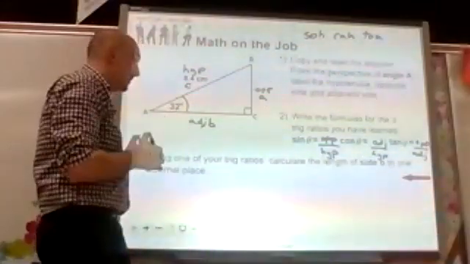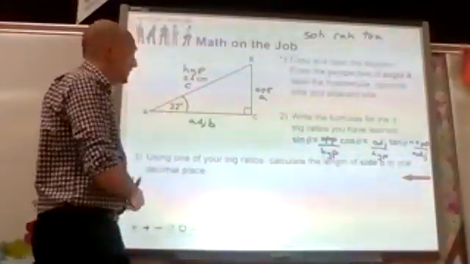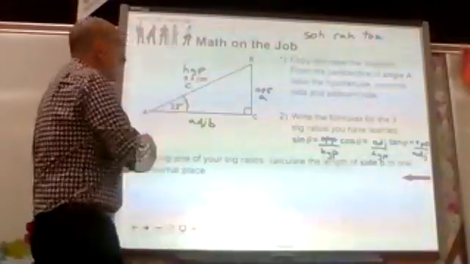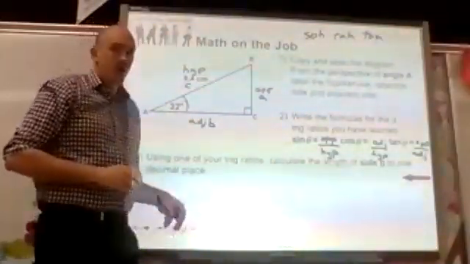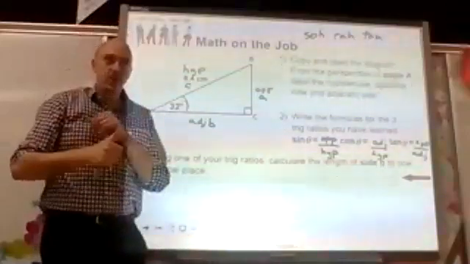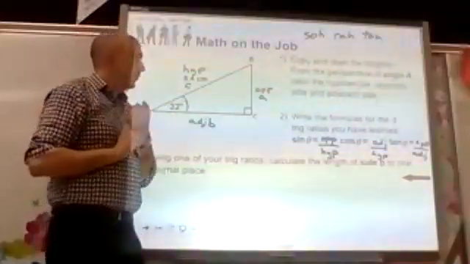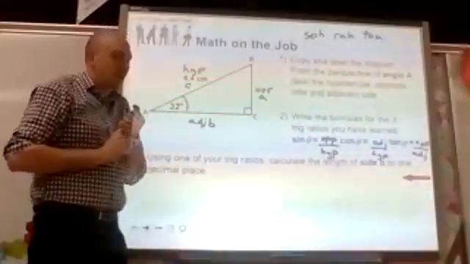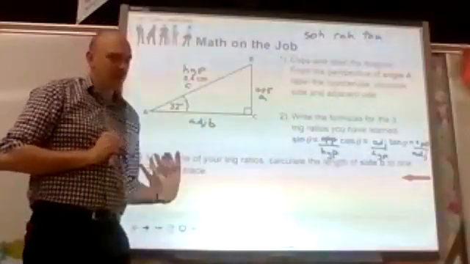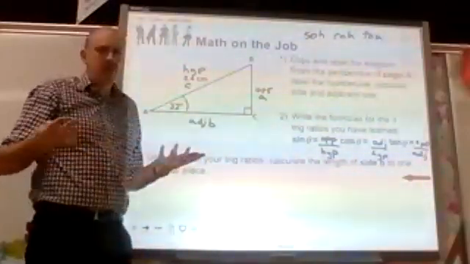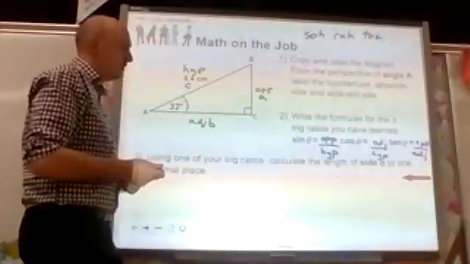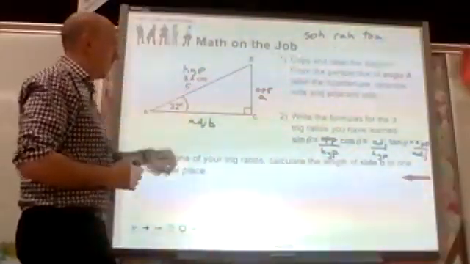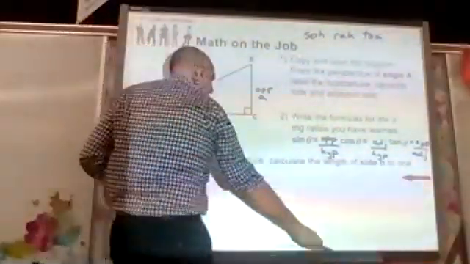All right, so now side b, that's this one, the adjacent. And we're given the hypotenuse. If we're looking for the adjacent and we're given the hypotenuse, sure, we could figure out our sine first and then use the tangent ratio, but why would we do that? Let's just jump straight to the one that has adjacent and hypotenuse in it, which is cosine.